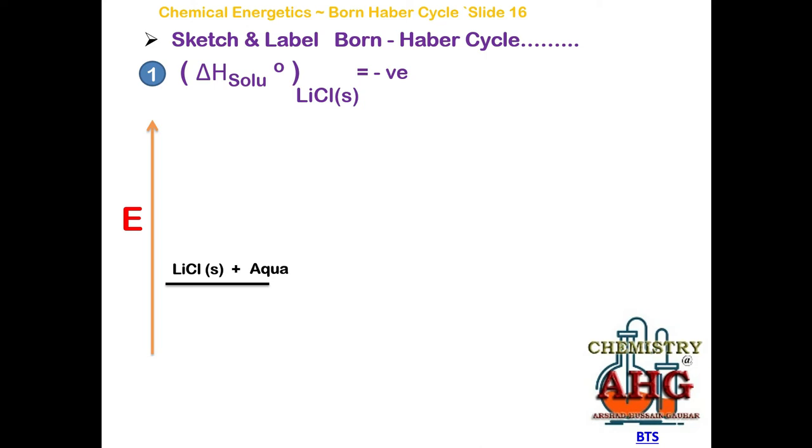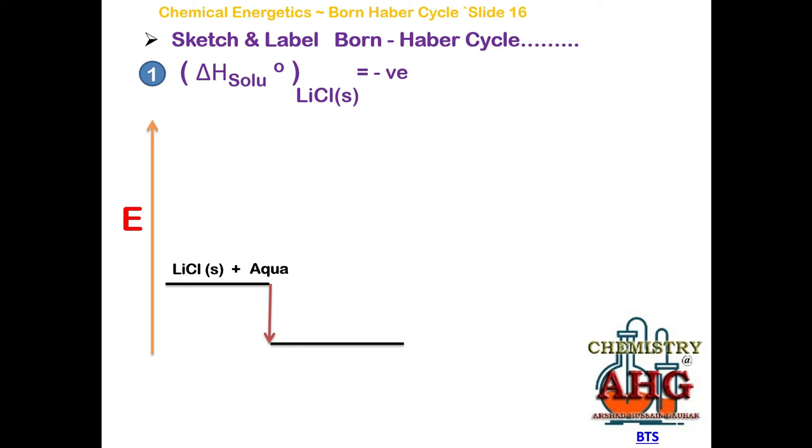What will happen? Since the reaction is exothermic, the energy level will decrease, so the arrow will go downward, and at the end of the arrow we will place the products. What will be the product of this type of reaction? The solid lithium chloride, when it dissolves in water, will be converted into hydrated lithium chloride.